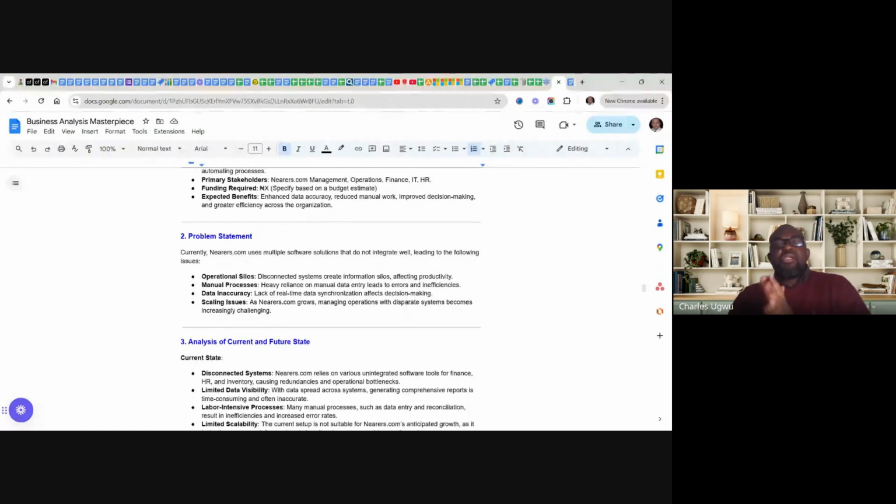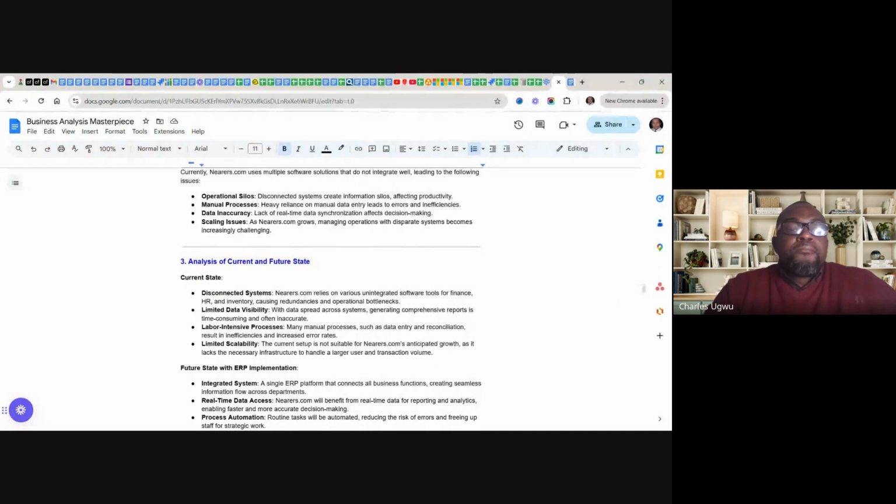So you can see that NERAS is really facing a very big challenge within their operations, finance, everything. So they need a synchronized system where they can share their data seamlessly. That is the problem statement. You don't need to write 3 pages to capture your problem statement. It's very simple.